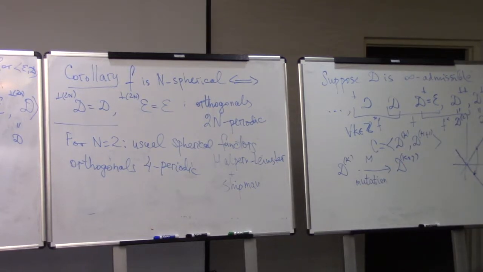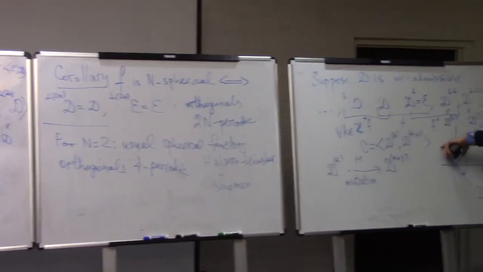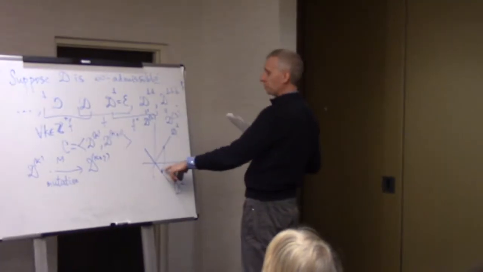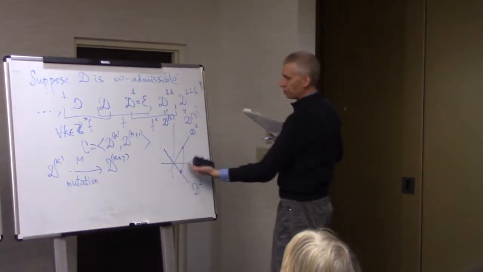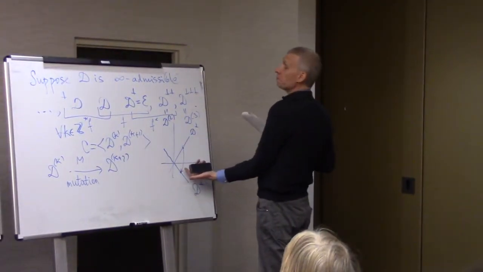And in this situation, when we have such a chain of orthogonals, we have the composition of mutations. Suppose this is the second orthogonal, then the fourth orthogonal, then the sixth orthogonal. If it closes, then the composition of mutations gives me an endofunctor, which is an equivalence.